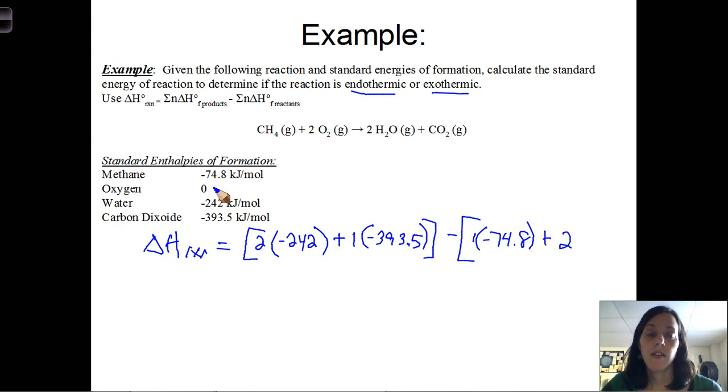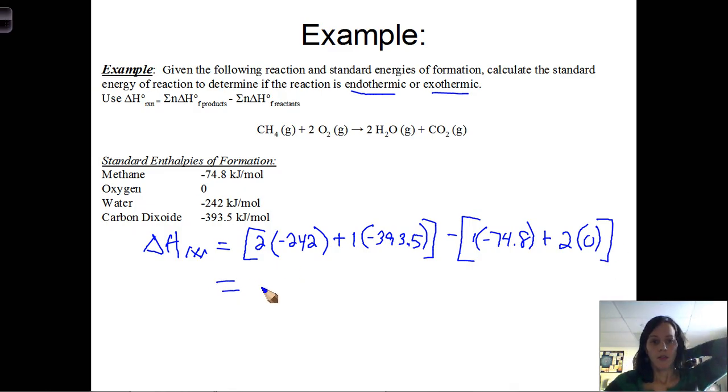Now in this, I've told you that the standard enthalpy of formation for oxygen is 0. But if you were to use your reference tables, it wouldn't be listed there because oxygen is a pure element, so there's no energy change associated with forming it. It exists in our atmosphere. So we are going to multiply 2 times 0, which is 0, thankfully. But we'll write that down.